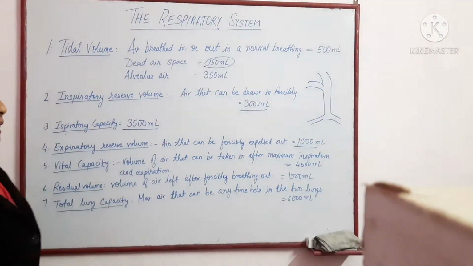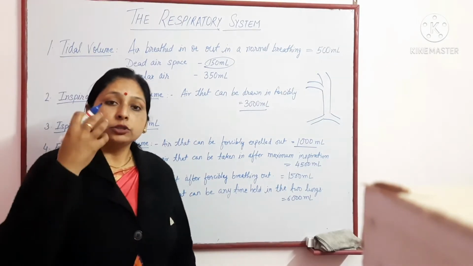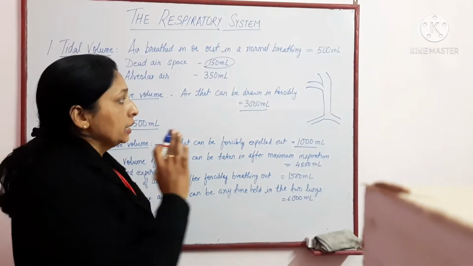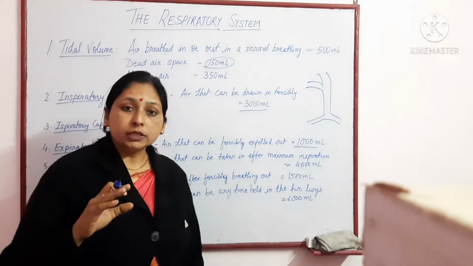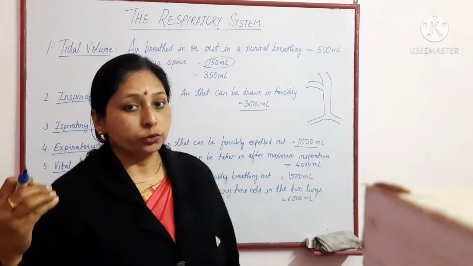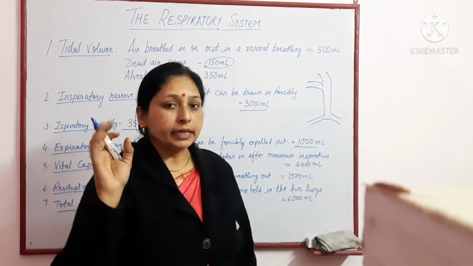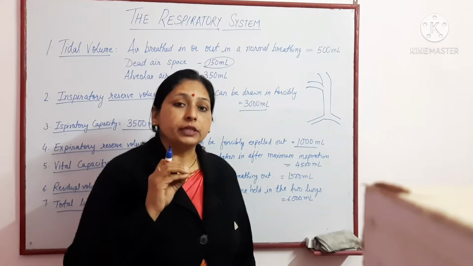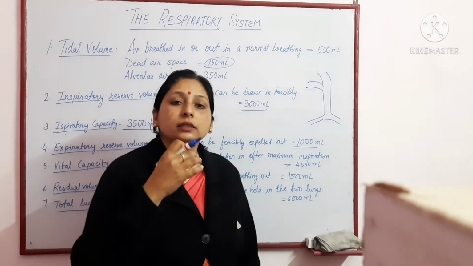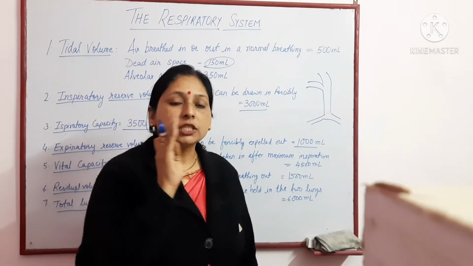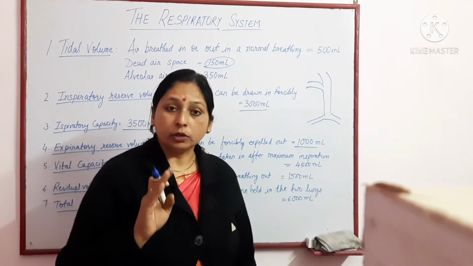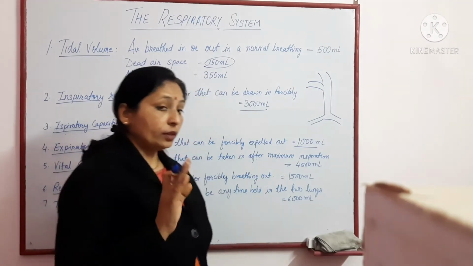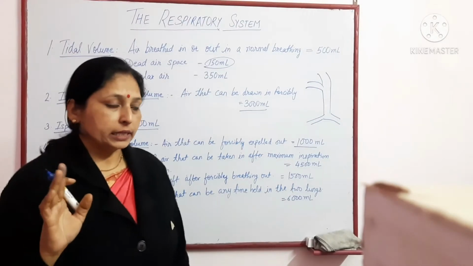I am repeating: tidal volume is the amount of air taken in during the normal breathing process, which is 500 ml. Out of this 500, 350 enters the alveolar sac for exchange or diffusion, while the 150 ml remains in the air passage, which is the trachea and bronchi, and this is termed dead air space, where no diffusion takes place.